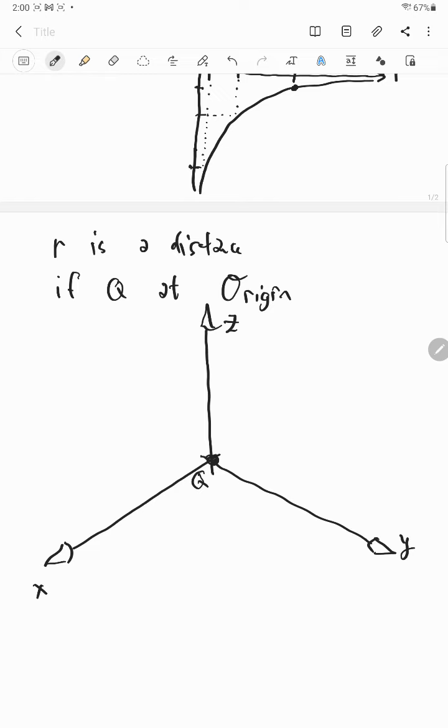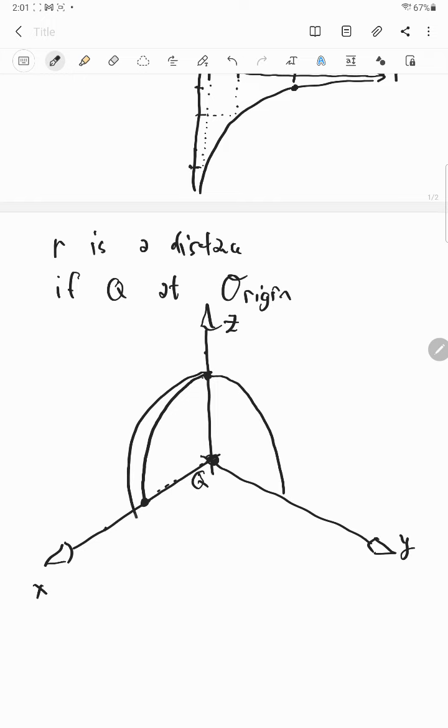If you go out, say, up the z-axis by some distance called R, the potential here is a certain value. But if you go out the very same distance R on the x-axis, you'll get exactly the same potential. And in fact, if you just stay in the x-z plane at the distance R, this is all the same value of potential. But likewise, if you stay in the z-y plane at the distance R, it's all the same potential.